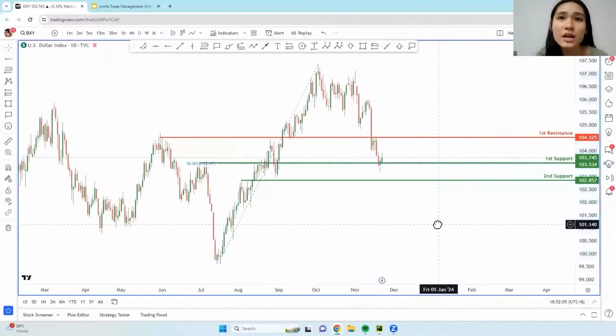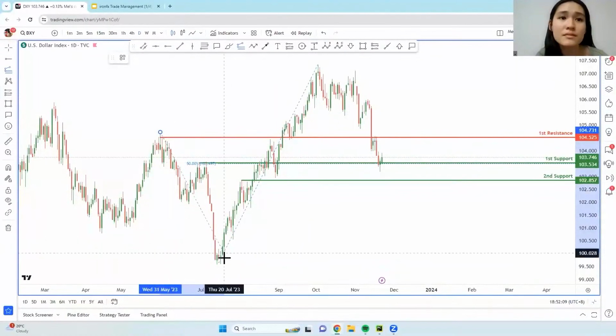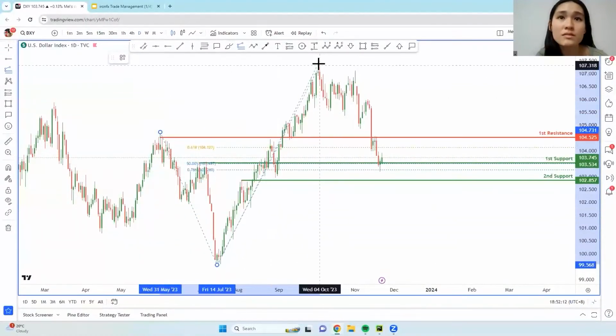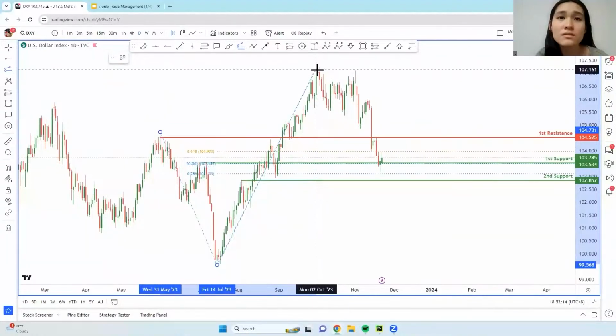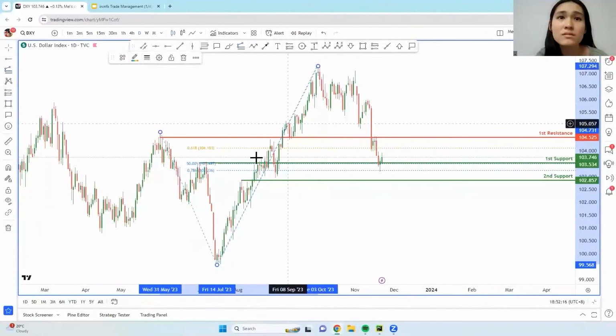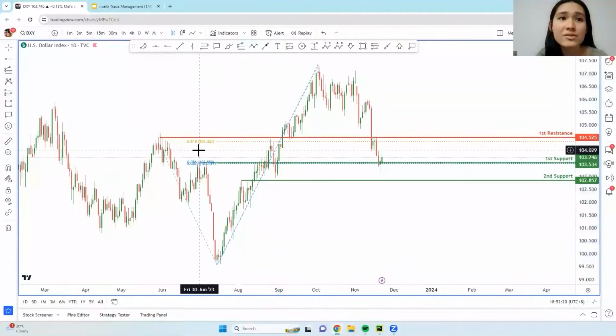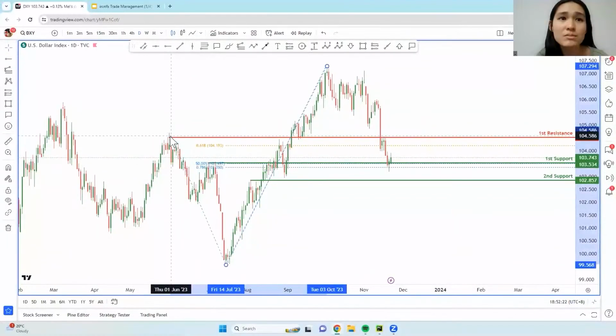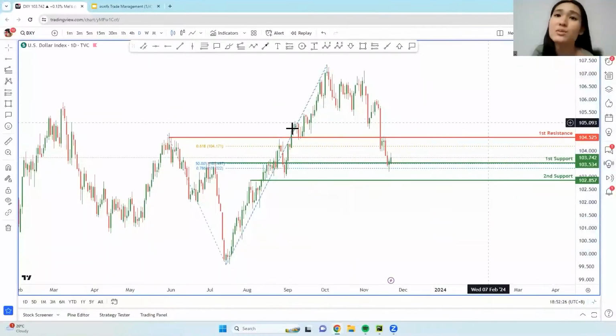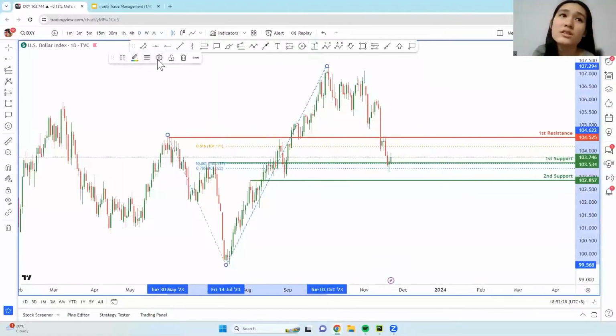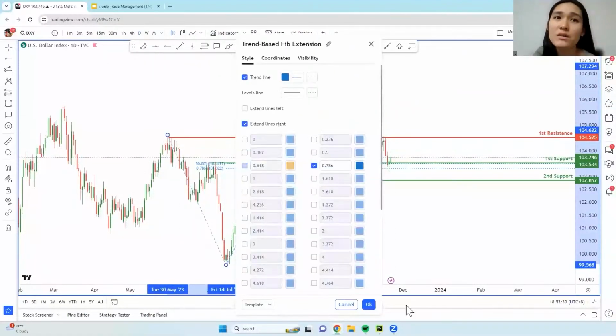And here we kind of see this 78.6 lining up nicely with our first support. I think this 61.8 is a bit too far.